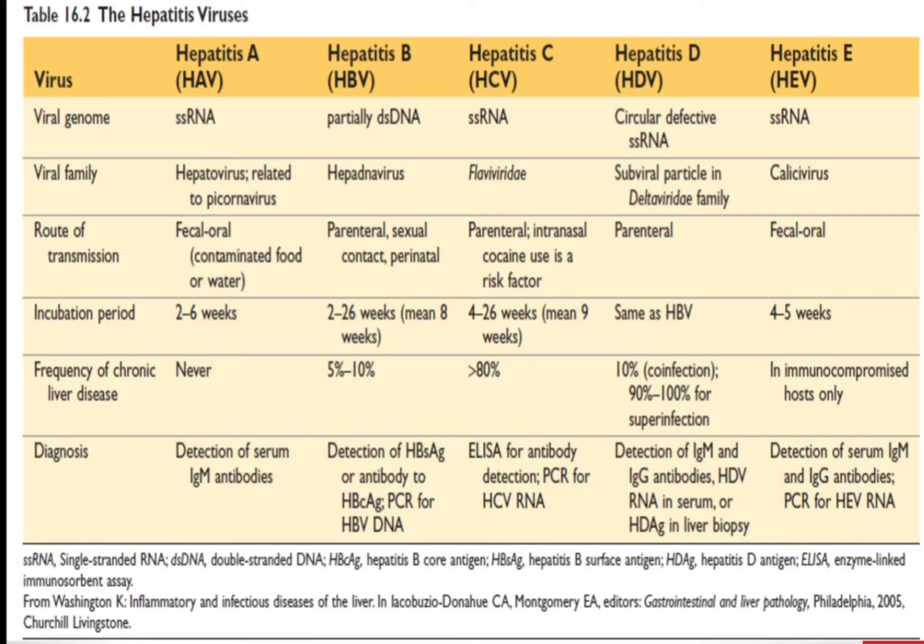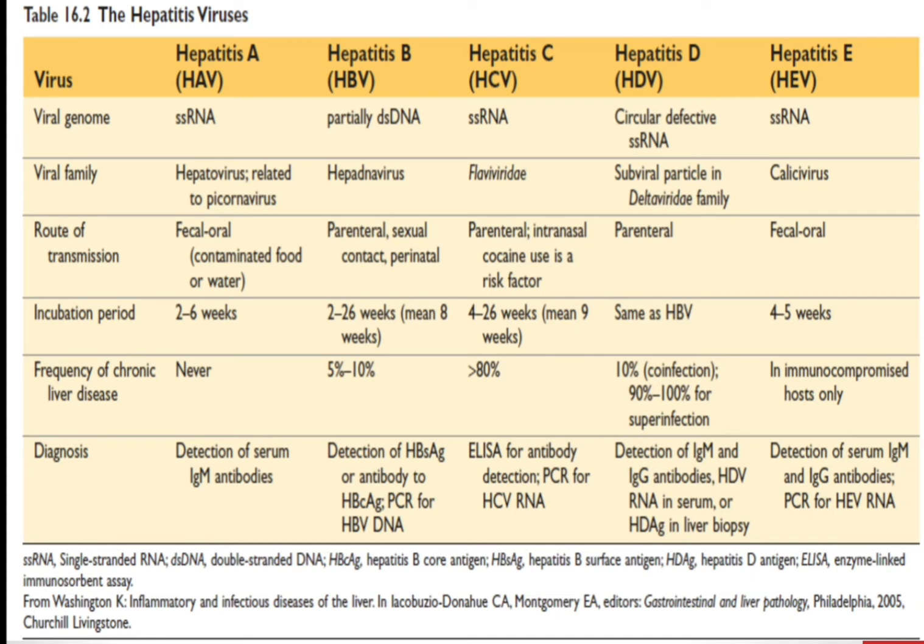So this is basically similar to the previous slide. However, there is one added part here, which is the diagnosis. So diagnosis of hepatitis A is by detection of serum IgM antibodies. Hepatitis B is detection of hepatitis B surface antigen or antibody to hepatitis B core antigen, or PCR for hepatitis B virus DNA.